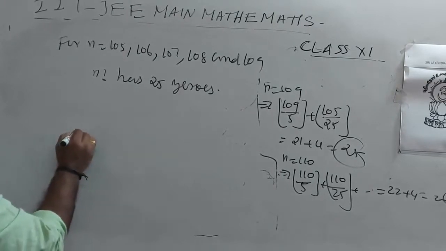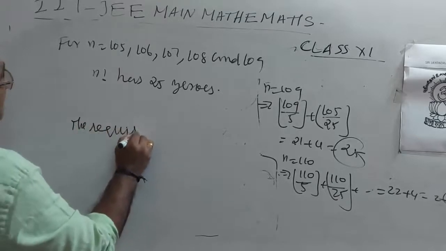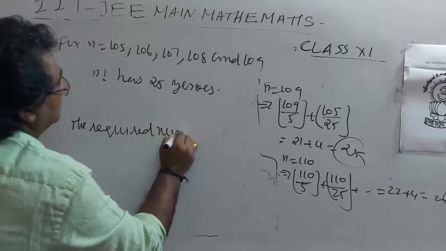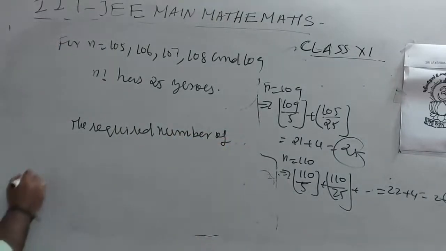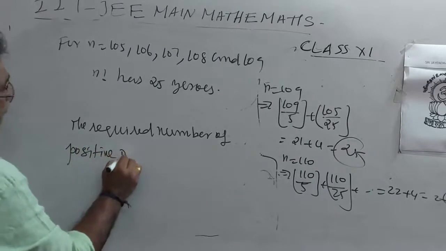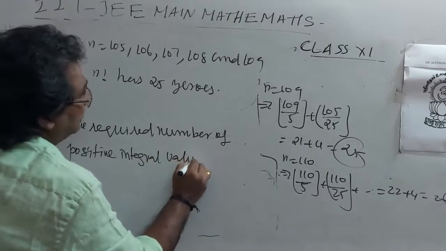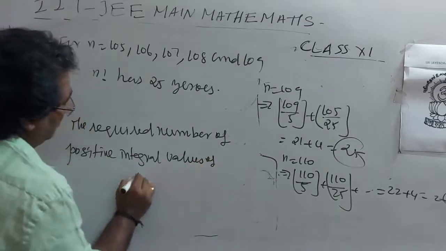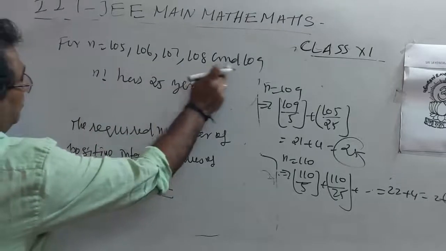Hence, the required number of positive integral values of n is 5: 1, 2, 3, 4, 5.